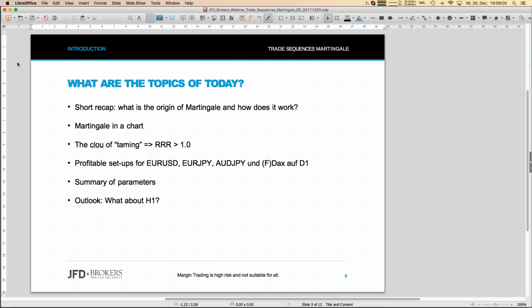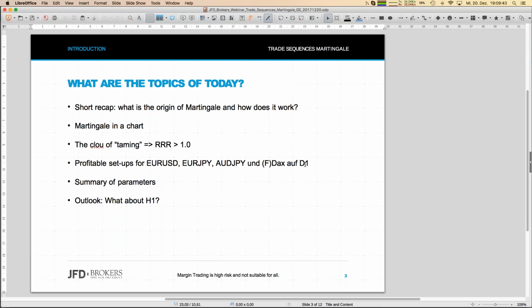I will show you some profitable setups for underlyings here, and you see immediately, okay, that are different underlyings which really show that at least short-term trendy behavior. There are a few others we could add, but those are the ones I will share here with you, and I will summarize all the parameters for that kind of trading activity. I will make a short outlook on how that might work on H1 as well, because we will focus on D1 today.